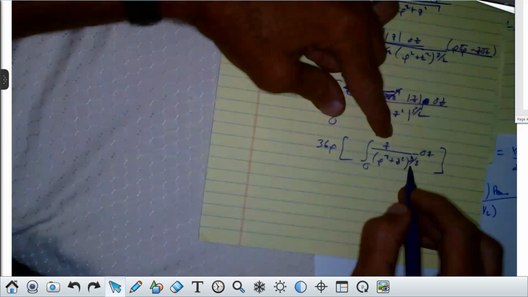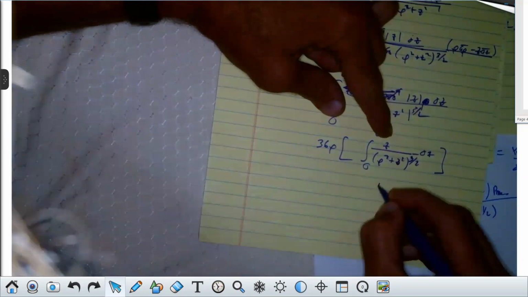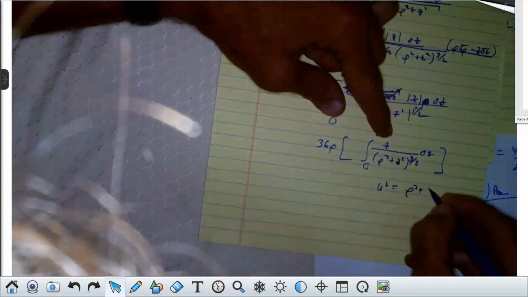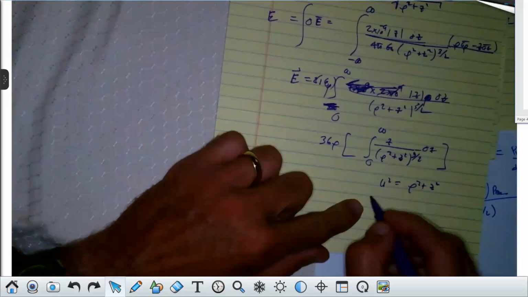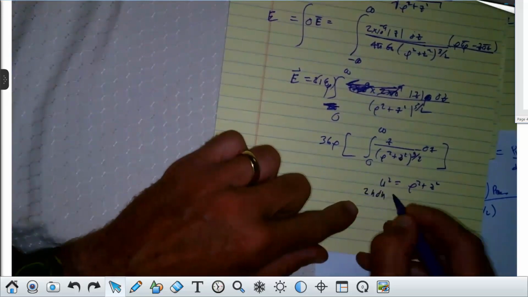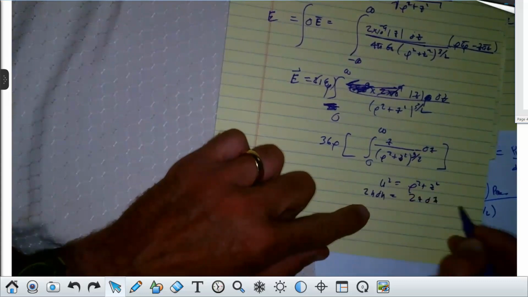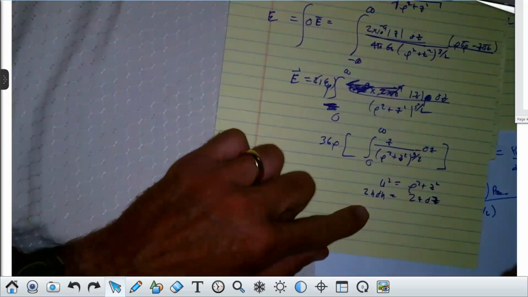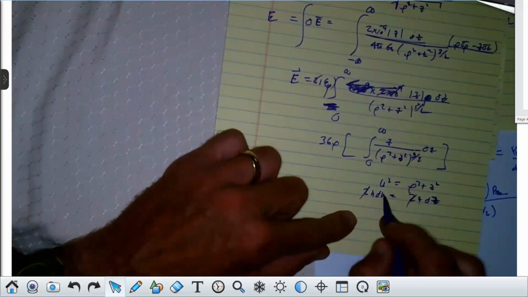Now, what I did is I can let u squared be equal to rho squared plus z squared. And you don't have to do it this way. You can use any method of integration you feel comfortable with. And that means 2u du is equal to 2z dz, right? Because rho's a constant, correct, class? Just take a differential of both sides. The 2's go away, and that means z dz is u du, right?